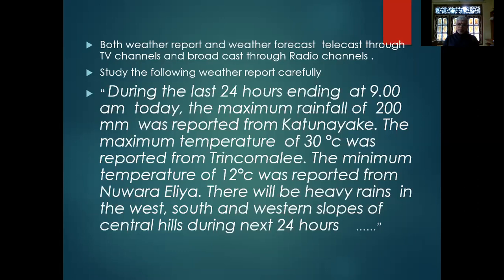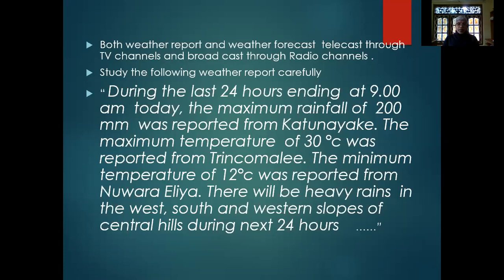You collect, you listen to weather forecasts and weather reports, because weather is a very famous part of the series. Like that, in all TV channels and radio channels, weather is given a special place, especially when there are disturbances in the atmosphere like cyclones and heavy rains.